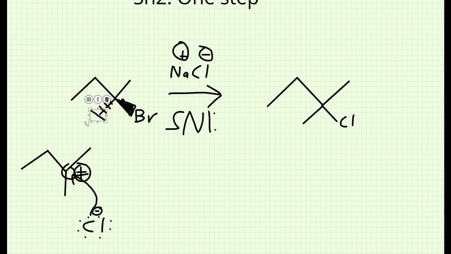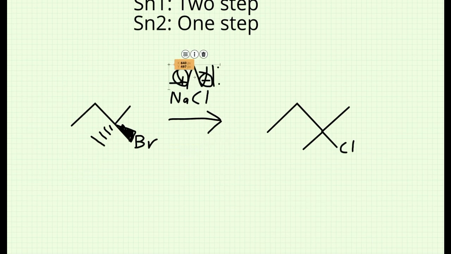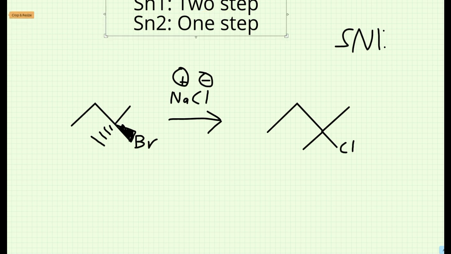So what would be the indicated stereochemistry after, given it's SN1, if chlorine attacks, what would this be?